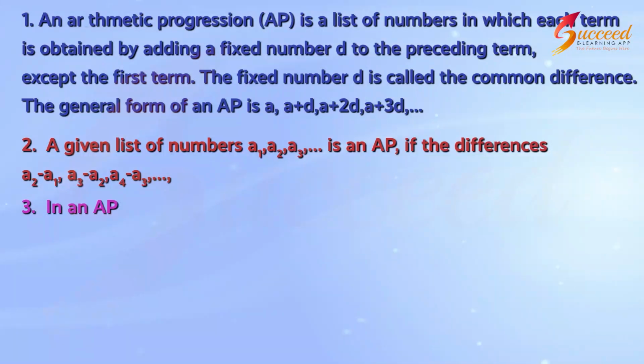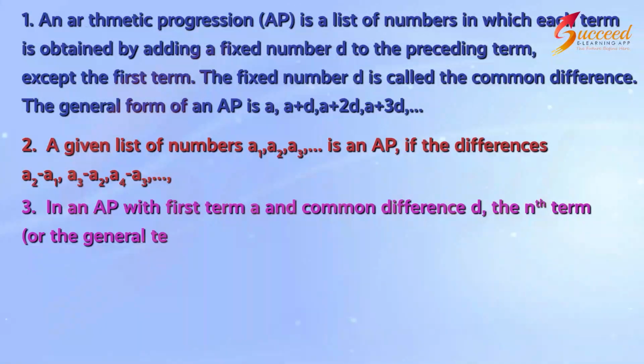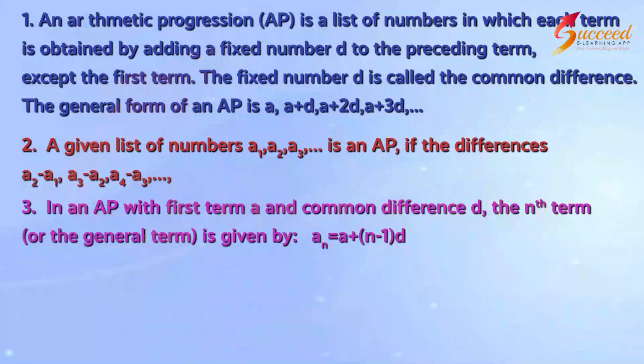Third point, in an arithmetic progression, when the first term and the common difference are given as a and d, then the nth term or the general term of the arithmetic progression is given by the formula an equal to a plus n minus 1 into d.